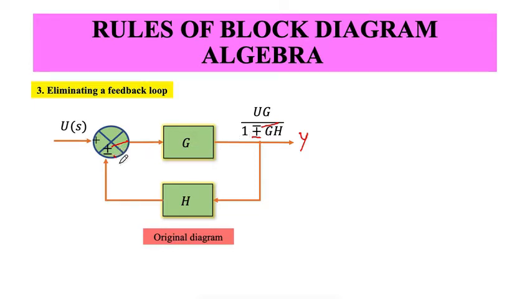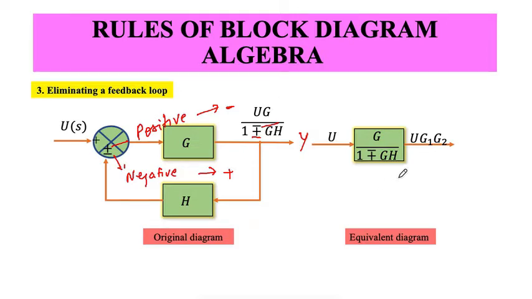So this is my negative feedback. In that case, in the transfer function I will have a positive sign. If it is positive feedback, in the transfer function I am having a negative sign. The lazy way to remember this is: for negative feedback you will end up with a plus sign here, and for positive feedback you will end up here with a minus sign. Equivalently I can write down the entire thing as just one single transfer function.